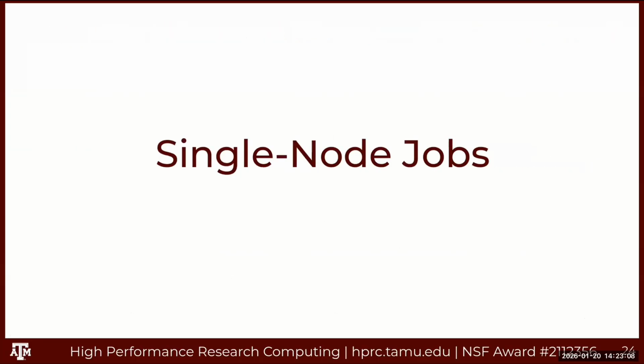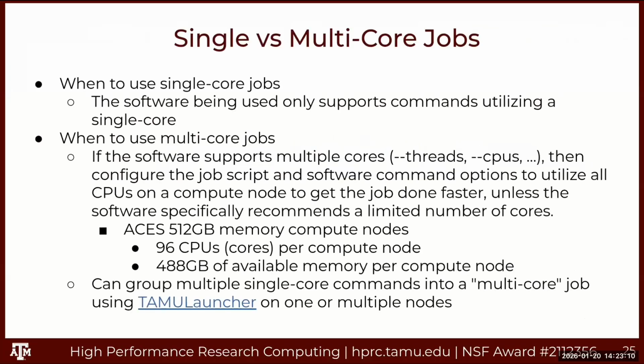All right, single node jobs. Single versus multi-core jobs is highly dependent on the software you're using or how you configure your job script. Again, there are 96 CPUs on the compute nodes. We also have a utility called TAMULauncher.